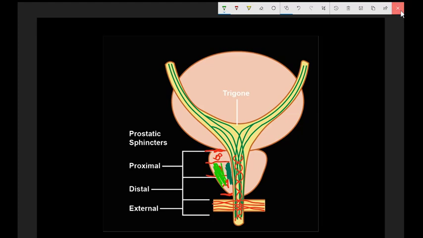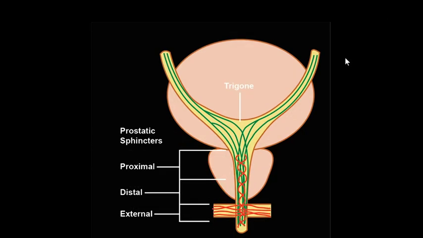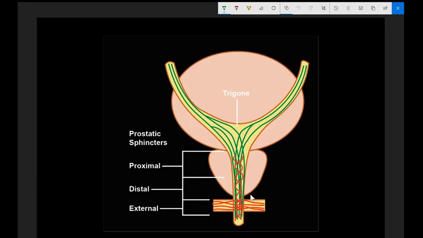Okay, so let's take this all off the screen for a minute, and now let's look at the gland appearance as we go from base to apex. Now this might be a little bit confusing, but it's actually not as challenging as you might think. So let's start with our axial pancake of a prostate gland here in the upper third.